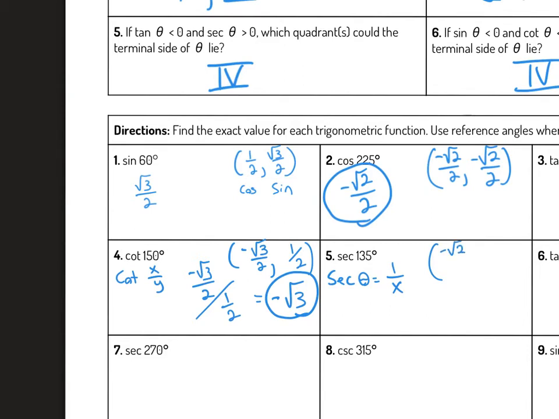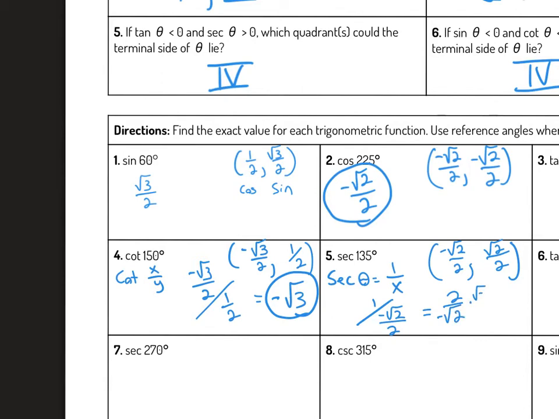Negative square root of 2 over 2, comma, square root of 2 over 2. Okay, so the x value is negative square root of 2 over 2, so it's going to be 1 over the negative square root of 2 over 2, which will in turn just take the reciprocal of that. 2 over negative square root of 2.